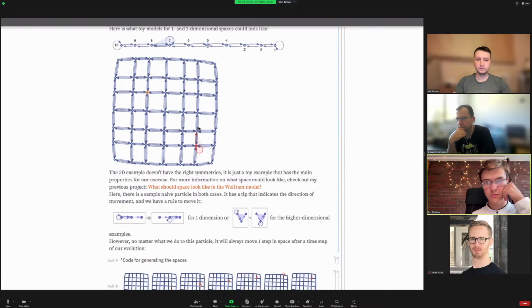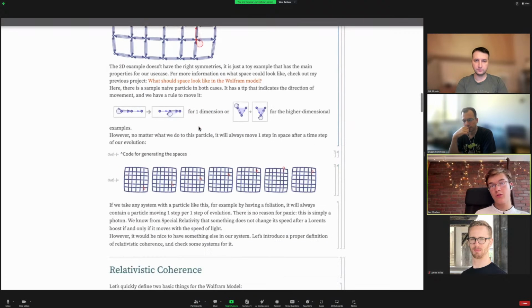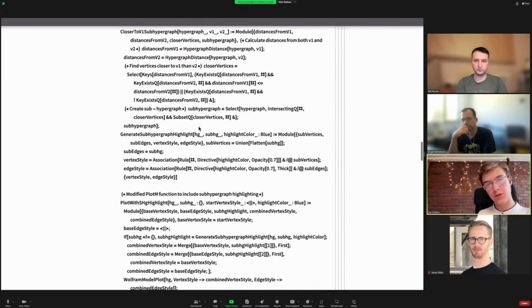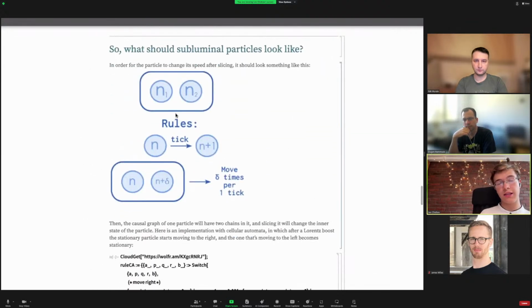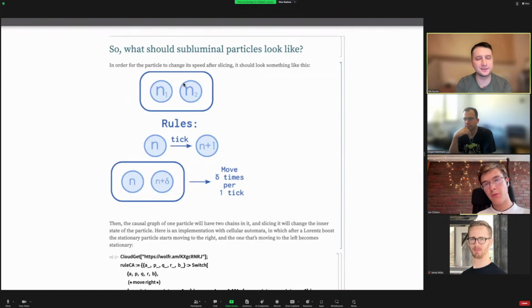In one case you double the speed, in another you halve it. But then the problem is that you're still going to have the same speed in all the reference frames, which is not physical. And here you have the option to apply more events.